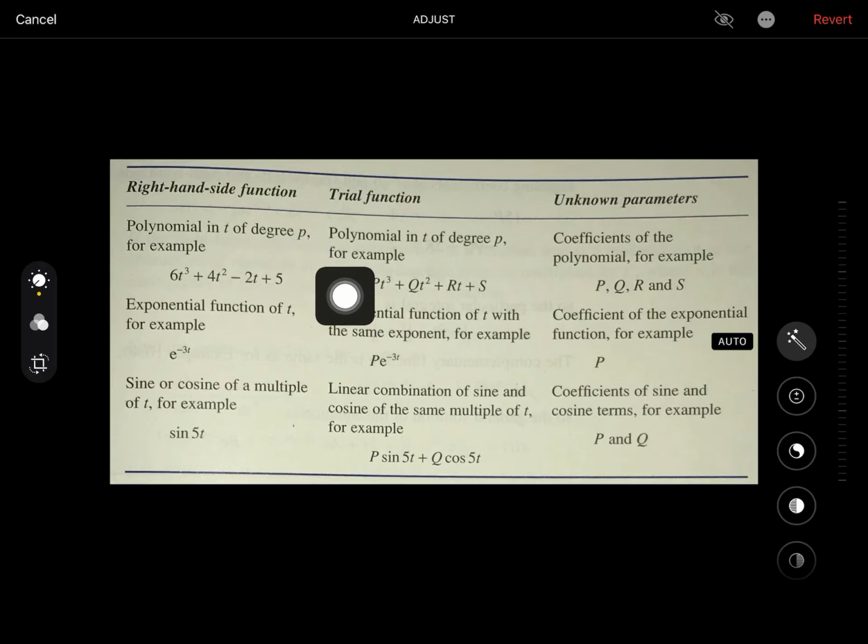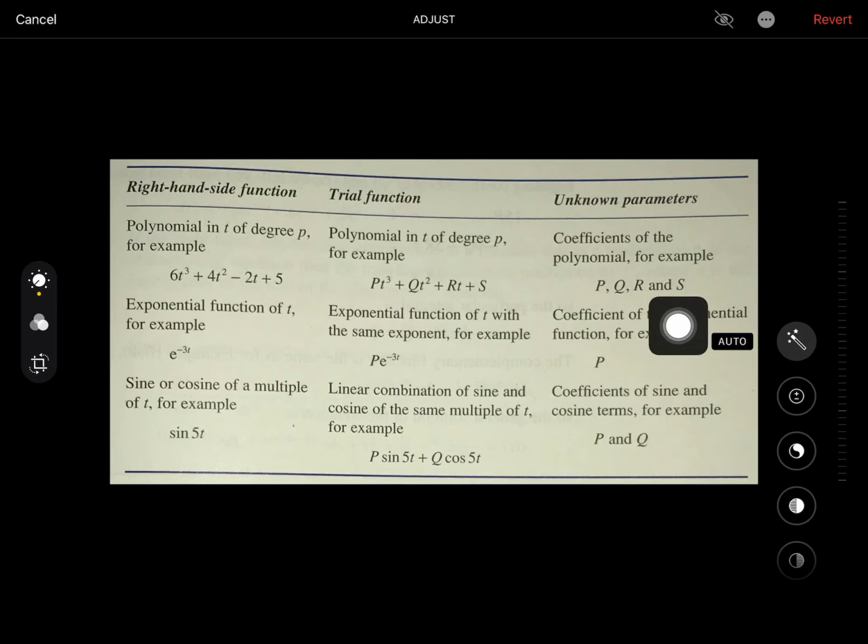To get the particular integral, you need to identify which is the correct trial function that we must use. If the right hand side function is cubic, the trial function should be in cubic form as well.